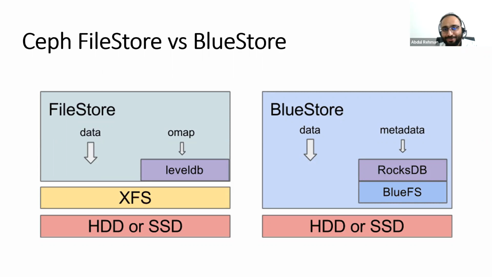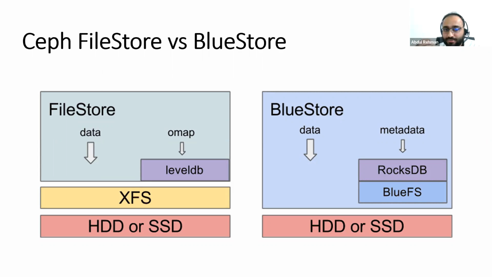For BlueStore, a simple term which some of you might be aware of, it is similar to what we call SR-IOV DPDK. What happens in BlueStore is there is no layer of an actual file system like XFS. BlueStore is directly interacting with the storage hardware, either HDD or SSD.